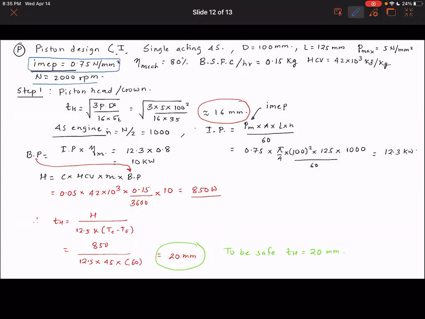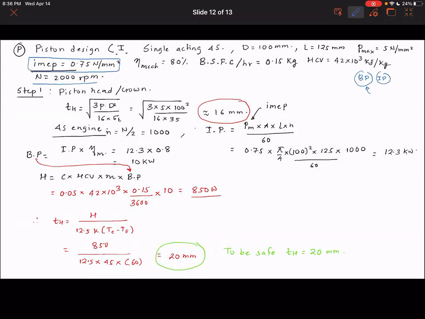And then what they will do in that case is they will give you the value of brake power or indicator power. So if the bore diameter is not given to you, you at least need brake power or indicator power to find out the bore diameter.